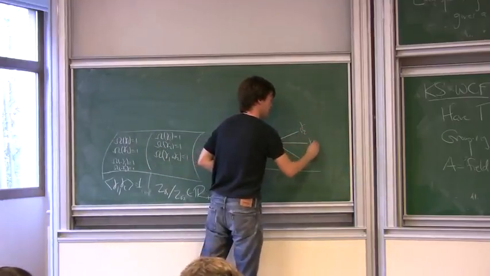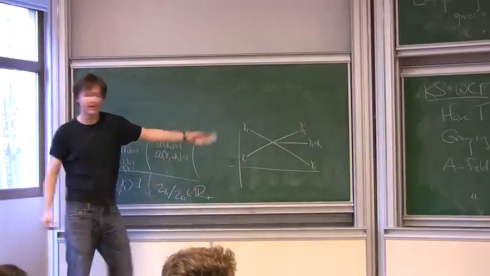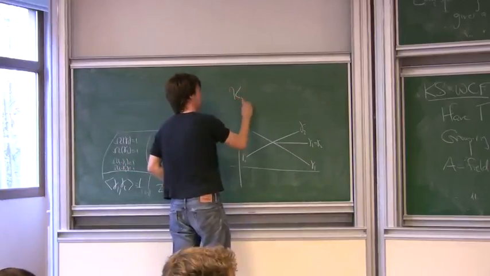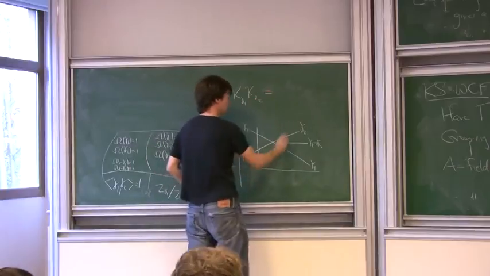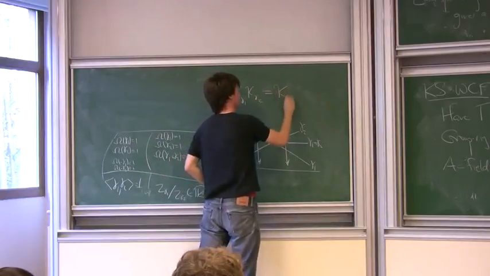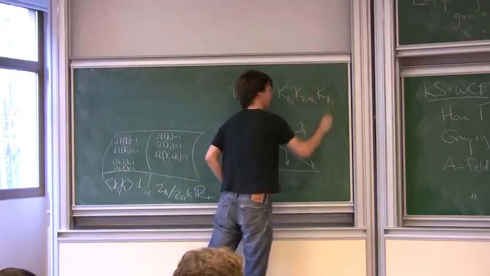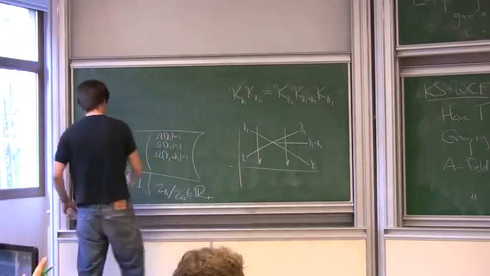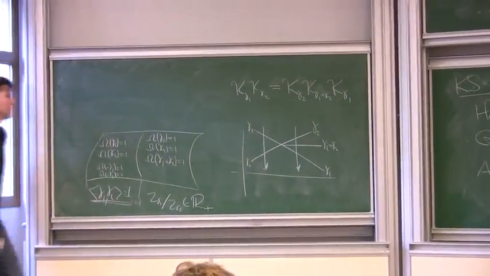And on the other side, I have gamma 2, gamma 1 plus gamma 2, and gamma 1. And so what the wall crossing formula here would say is just that k gamma 1, k gamma 2, which is what I meet by going this way, is equal to what I meet by going this way, k gamma 2, k gamma 1 plus gamma 2, k gamma 1. So this, I remind you, was in the case where the inner product of gamma 1 with gamma 2 equals 1.